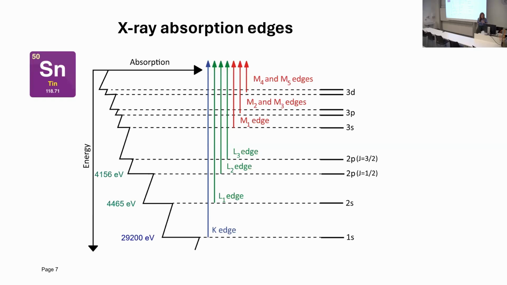Why is the technique element specific? Because, as you know, each element contains electrons situated very specifically on its levels. And if a material contains many elements, by having a tunable X-ray source like a synchrotron, you can resonantly measure the absorption edges of the different elements.